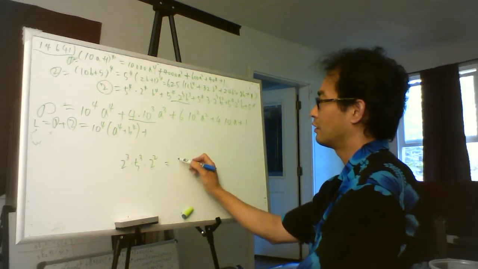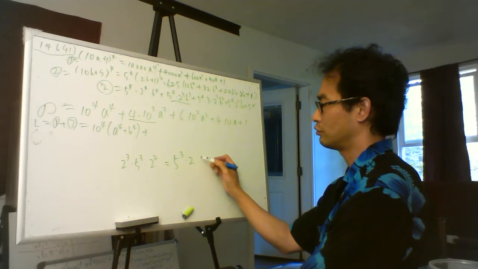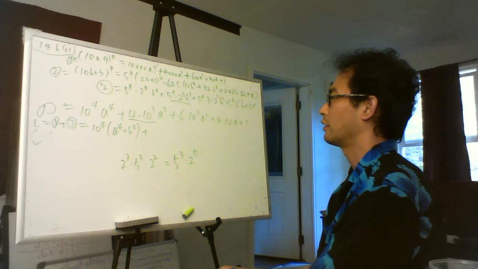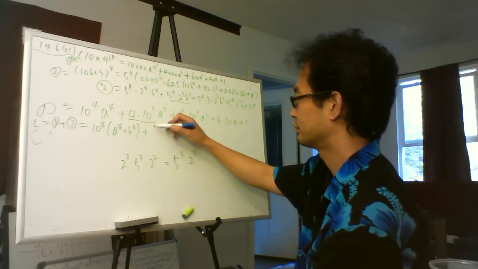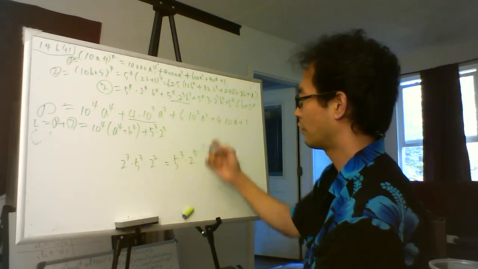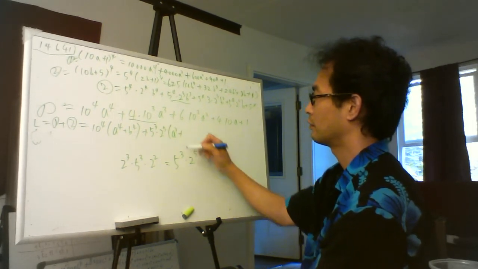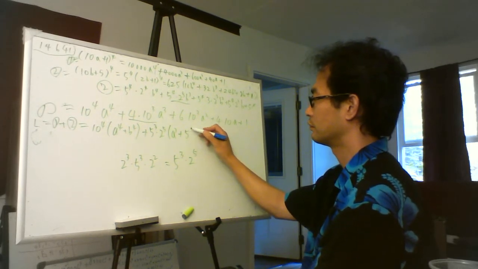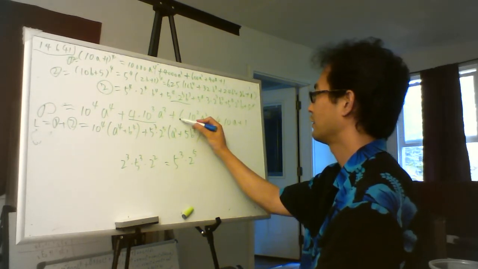So 5 to the third times 2 to the fifth, right? Good. That's what I meant to say.